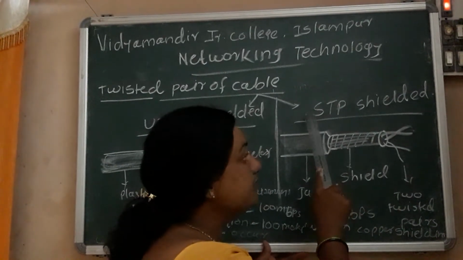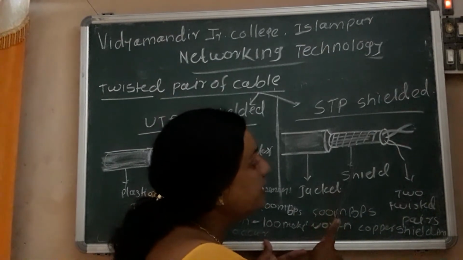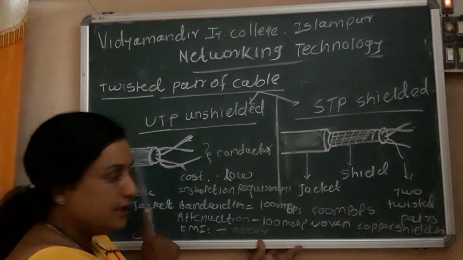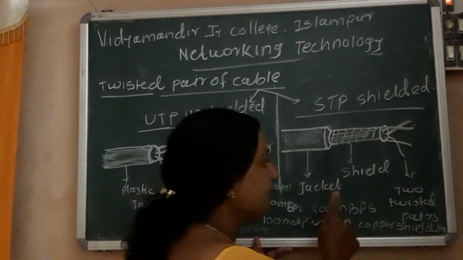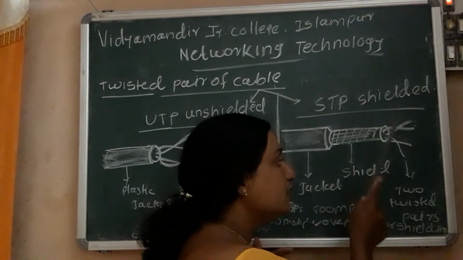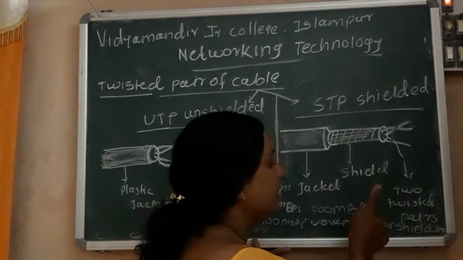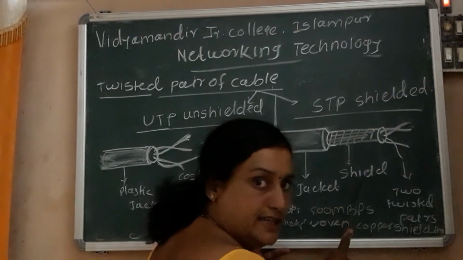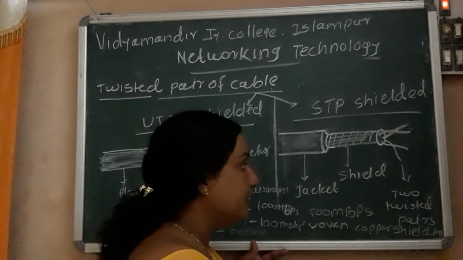In this STP cable, the most important part is that the shield is provided. But in a UTP cable, there is no shield. Two cables are placed in a plastic jacket. But in a STP cable, one or more cables, two pairs of cables, are placed in a shield, and this shield is made up of woven copper or copper metal.